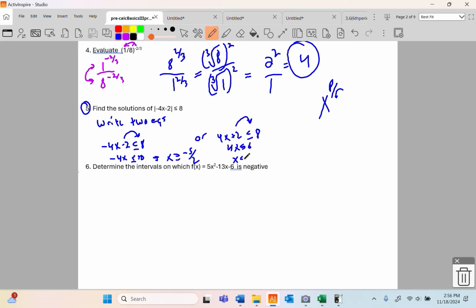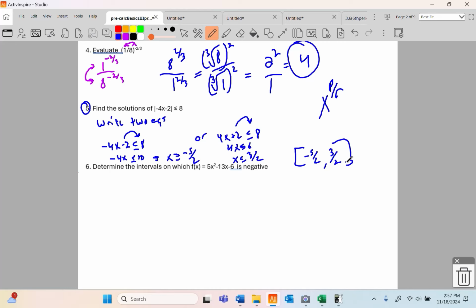Divide by 4, I get 6 over 4, which is 3/2. So I'm greater than or equal to negative 5/2, and yet I'm less than or equal to 3/2. Hopefully you understand this. I'm everything in between. That's what I am.